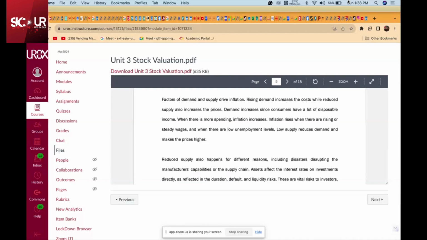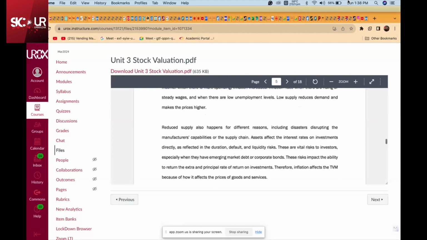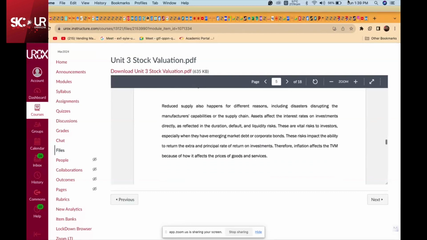Low supply will reduce demand and make the price higher. So the market is working to create an equilibrium, and in the process, it will normally increase the price if there is a lack of supply or an increase in demand.